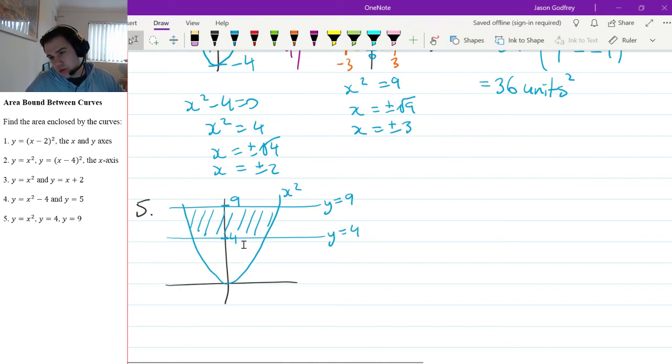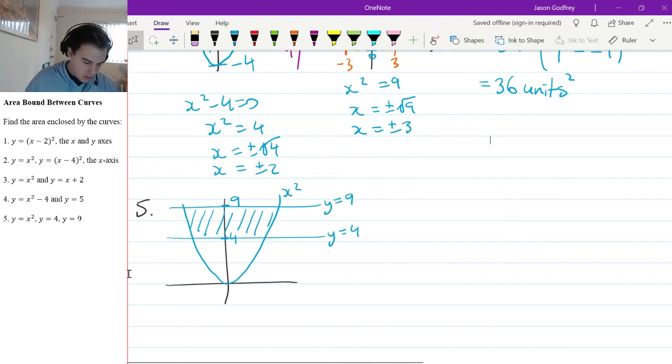We could integrate, if we found these x coordinates, we could go from here to here and subtract away these little pieces here, and then there's a rectangle below. So again, there's going to be different ways you can process and think about it.